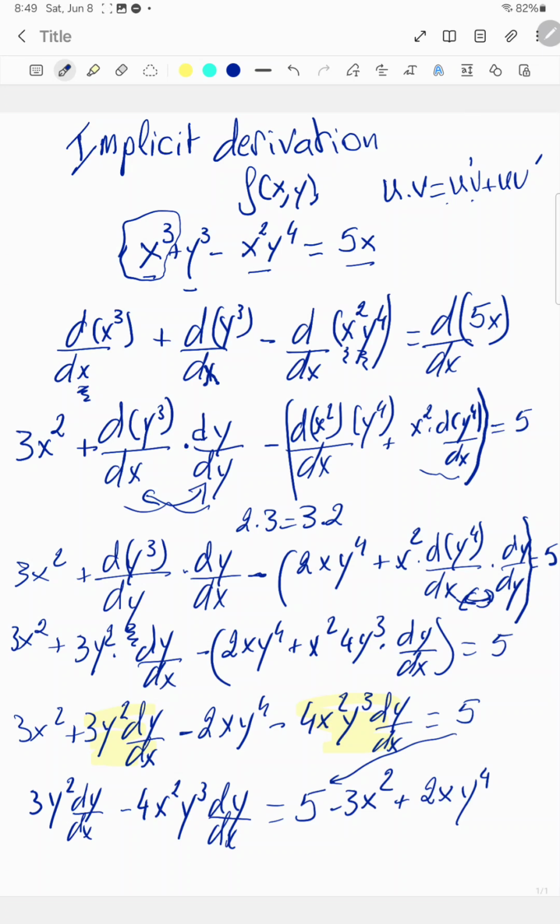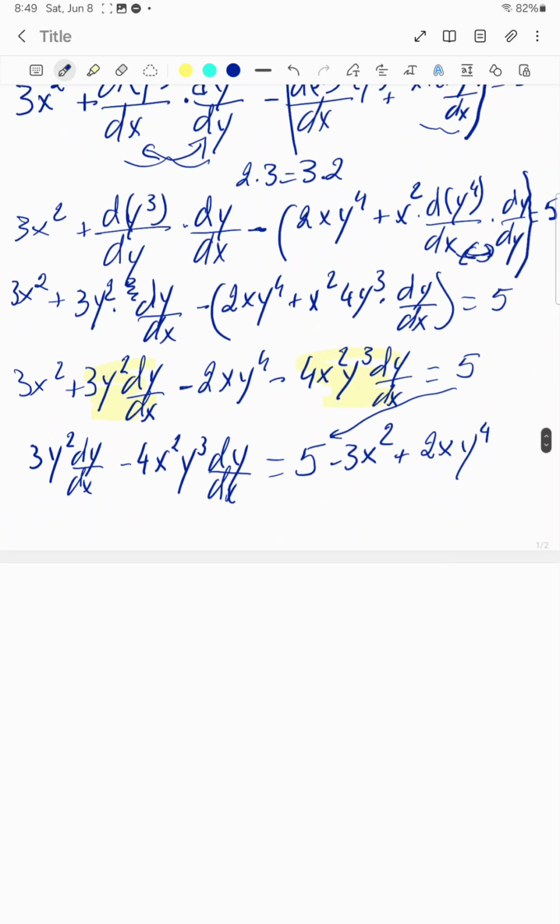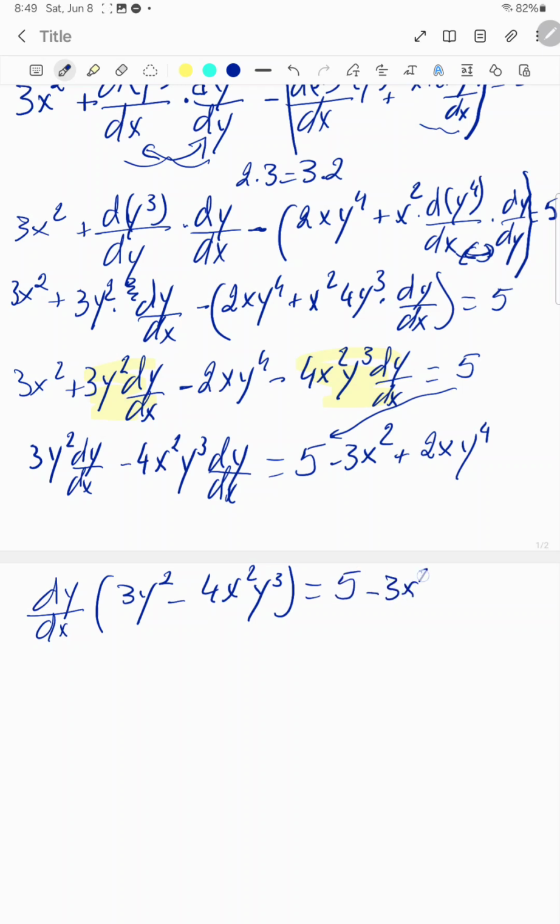So now I can factor out on the left hand side dy over dx. If I factor out dy over dx, 3y squared minus 4x squared y to the power of 3 is equal to 5 minus 3x squared plus 2xy to the power of 4.